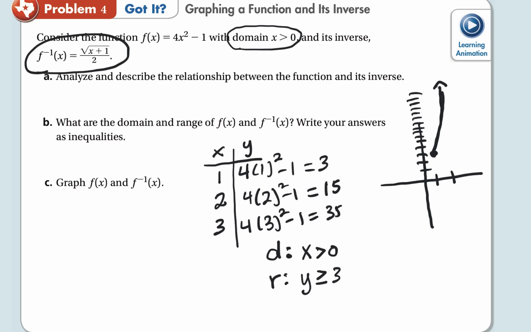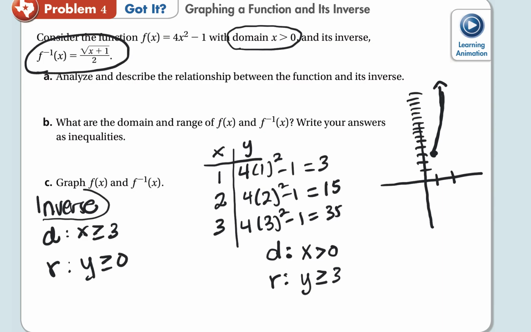So for the inverse, you expect the domain to be x is greater than or equal to 3, and you expect the range to be y is greater than or equal to 0.